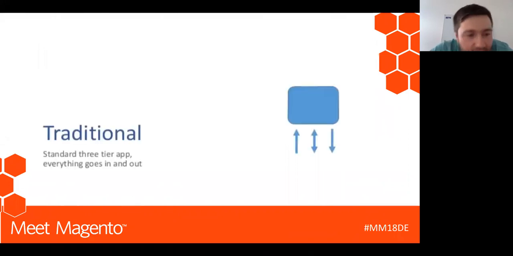In the traditional approach, like in Magento 1 and Magento 2, we had a traditional 3-tier architecture, and everything goes in and out through one entry point, and all the classes are used.